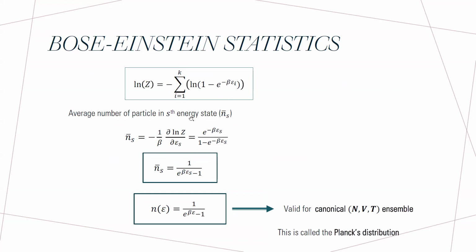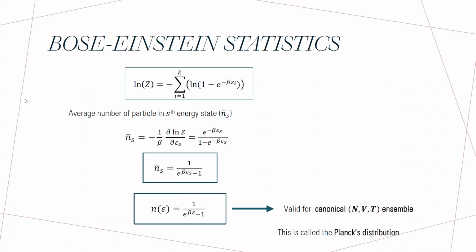So we can differentiate this with respect to epsilon s, and we get this ratio, and based on that I can simplify it and find that n s bar is equal to 1 over exponential of beta epsilon s minus 1.